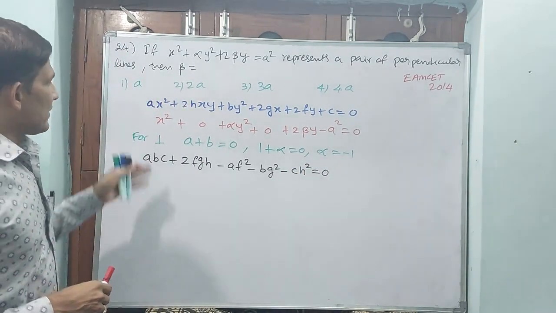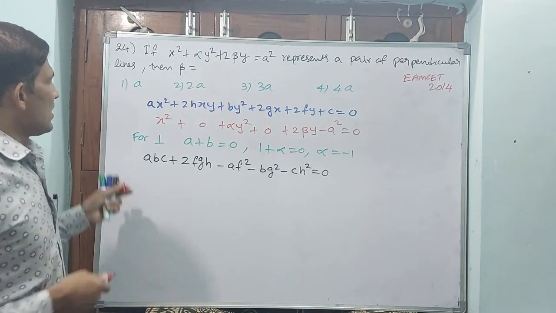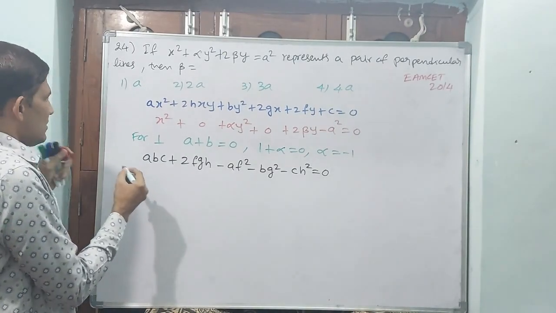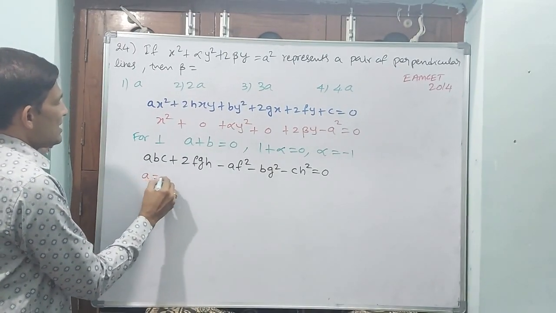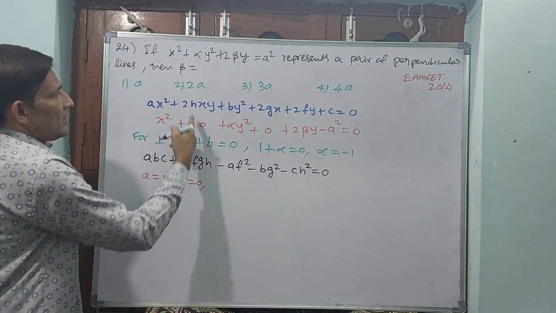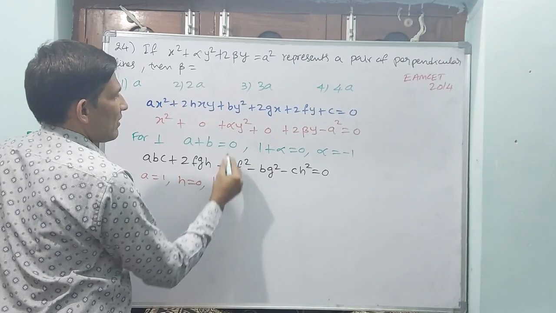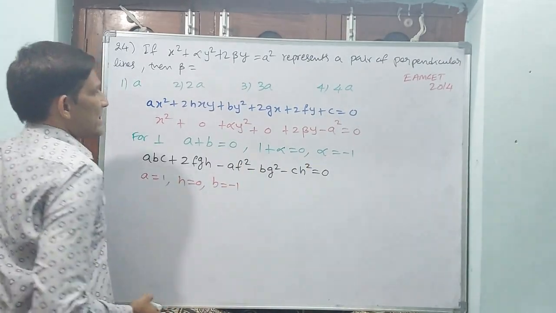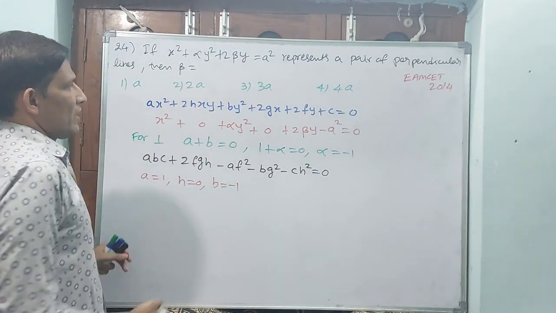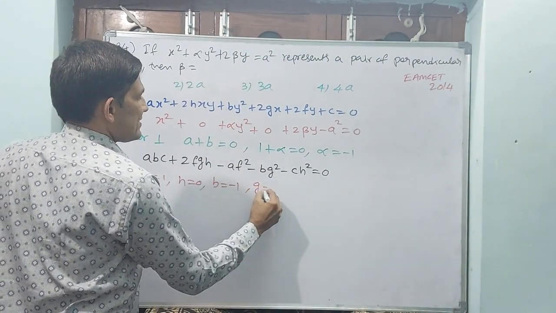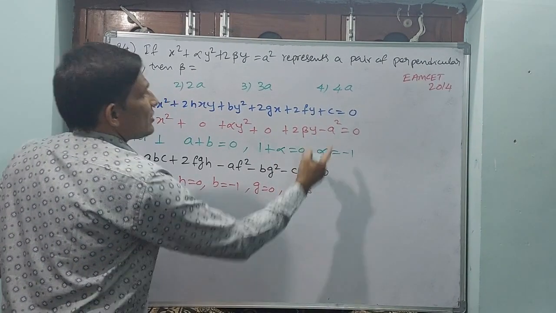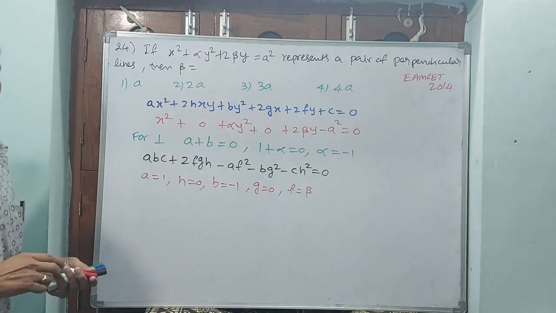But before substituting, first find the values. a is equal to 1, h is equal to 0, b is equal to alpha, and alpha is minus 1. g is equal to 0 again, f is equal to beta. Beta only they are asking us to find, so f you have to find.